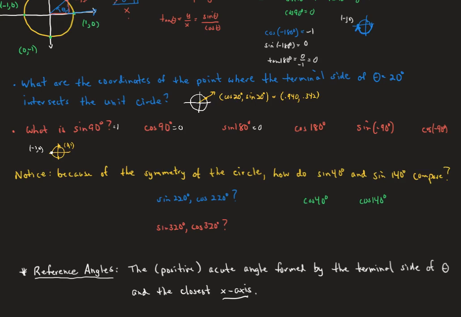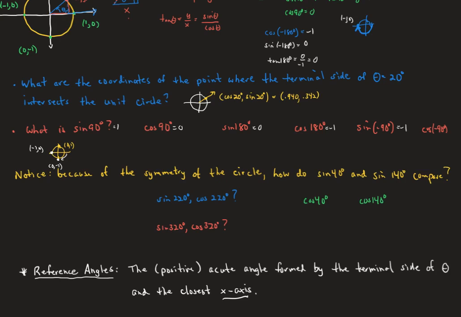And the cosine of 180 would be the x-coordinate, and the sine of negative 90 would be the y-coordinate of the point where our terminal side of the angle of negative 90 degrees intersects the unit circle, and that's going to be negative 1.